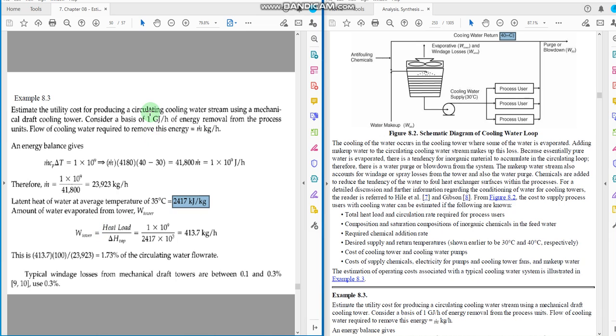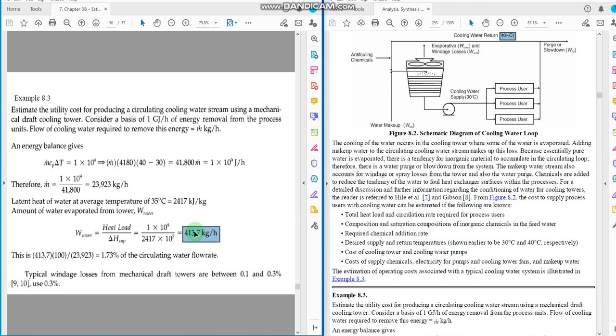So the heat load for this basis is 1 gigajoule per hour. You can divide this one by that value to get the mass flow rate. That comes out to be 413.7 kg per hour. Okay, so these are the losses from the cooling tower in terms of evaporative losses.